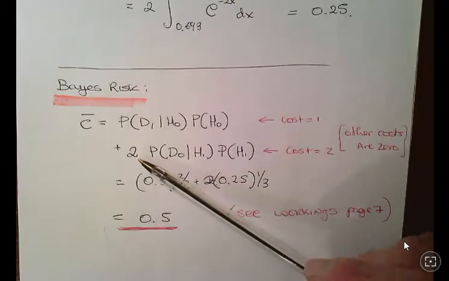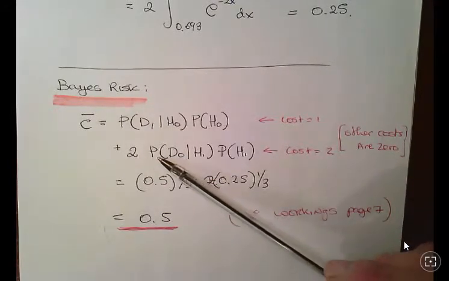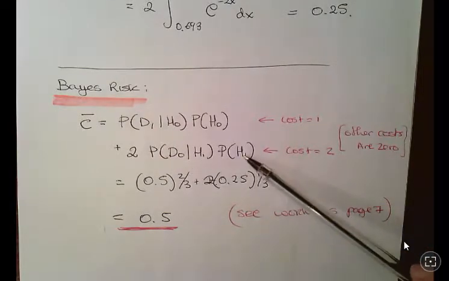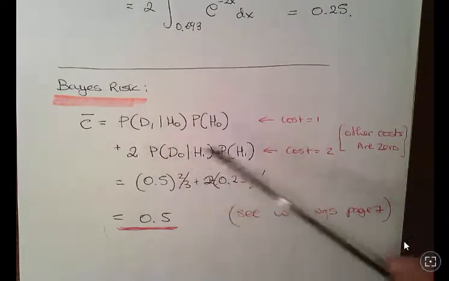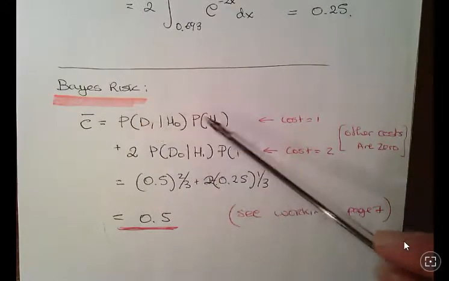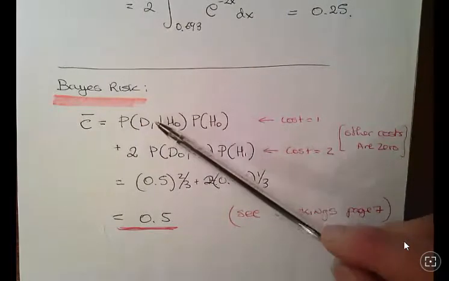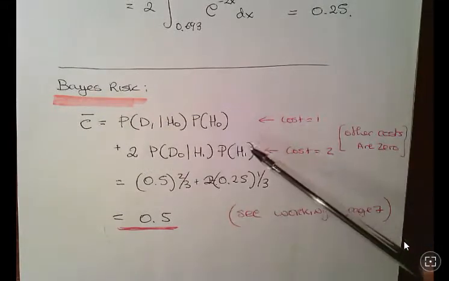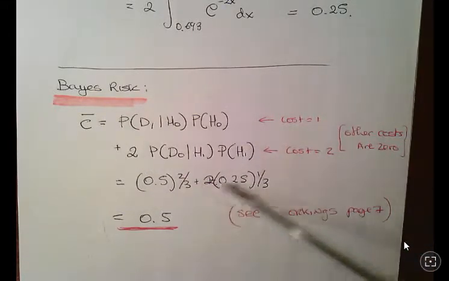And P01 is the probability of D0 given H1 times the probability of H1, with a cost of 1. So it's 0.5 times 2/3, which we were told in the question at the start, plus 2 times 0.25 times 1/3. Calculate that out, and you would get a Bayes risk of 0.5.